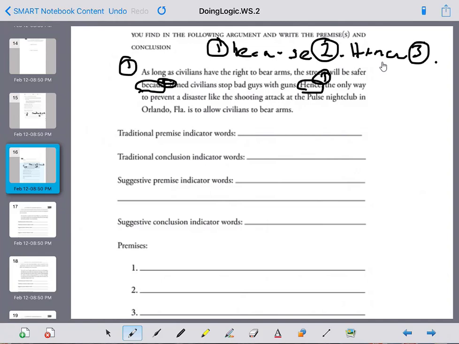But this one, if you remember in the next chapter, it may be a sub-conclusion to 2. It's also the main premise to number 3. So hence 3, when I look at this, the premises are 1 and 2, and the conclusion is number 3. But I'm going to move a little forward into chapter 2.